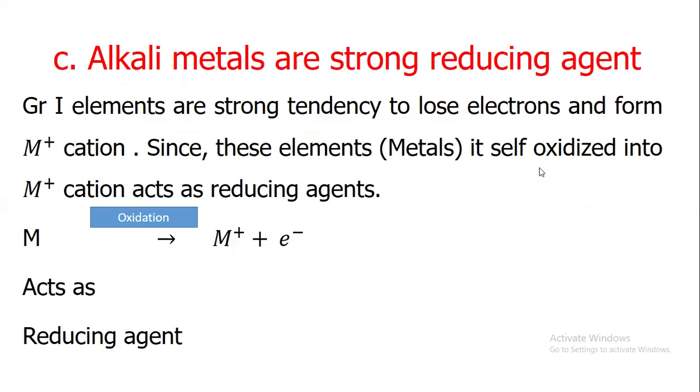Alkali metals are strong reducing agents. Group 1 elements have a strong tendency to lose electrons and form M+ cations. Since these metals themselves oxidize into M+ cations, they act as reducing agents.